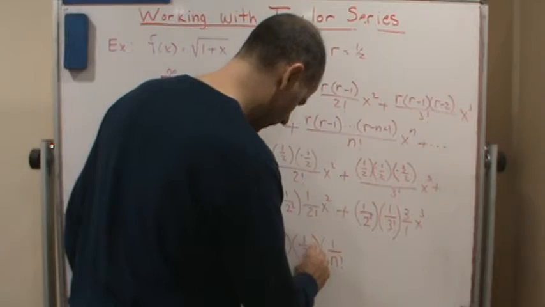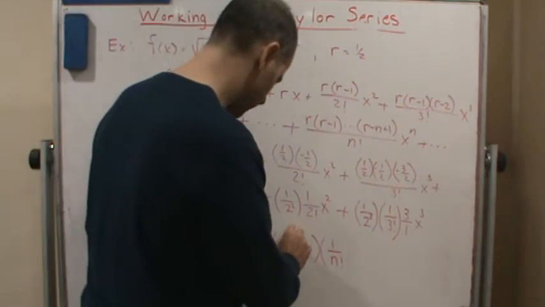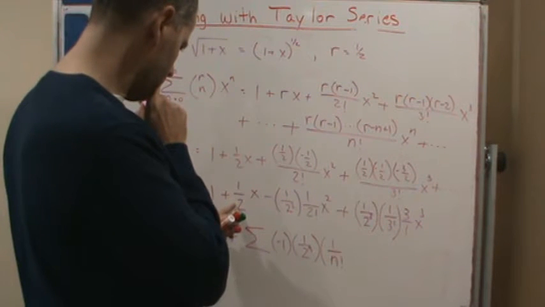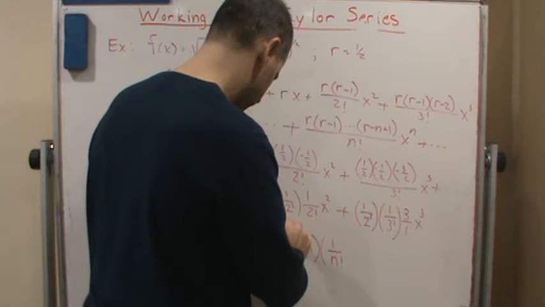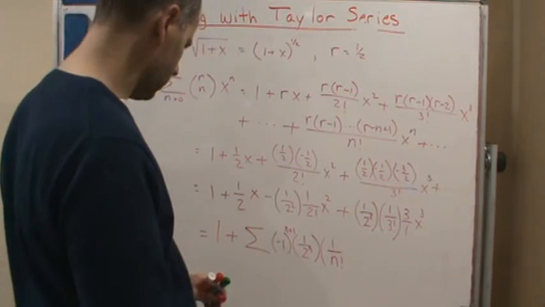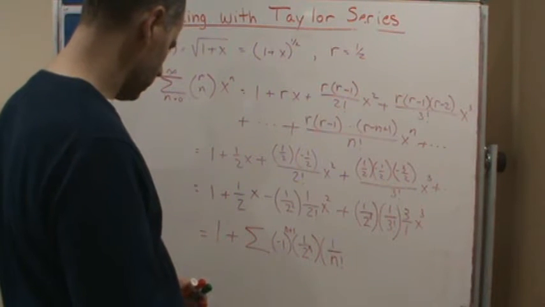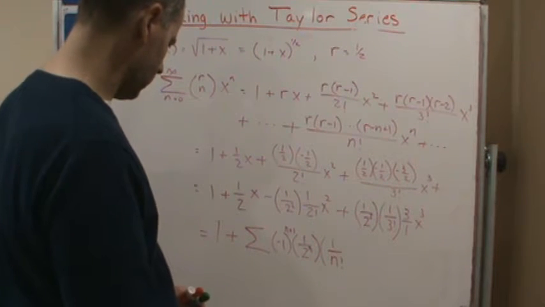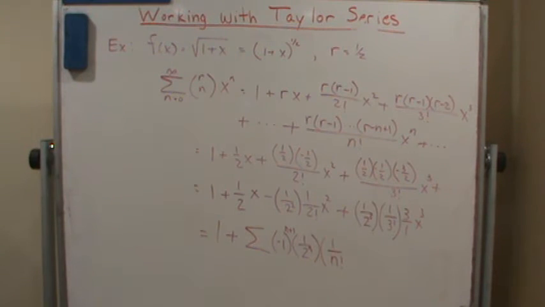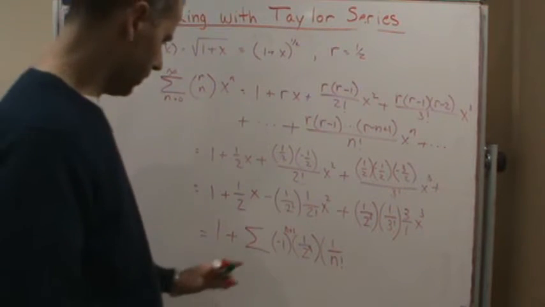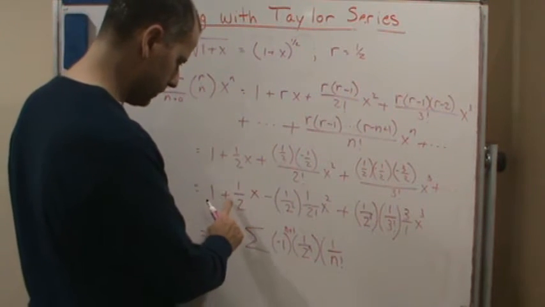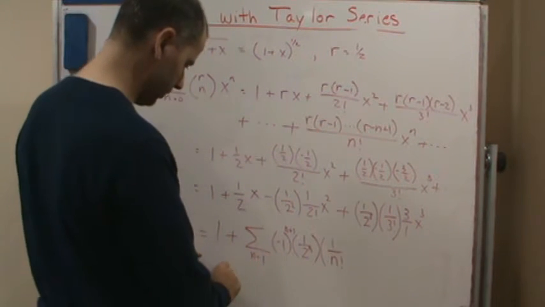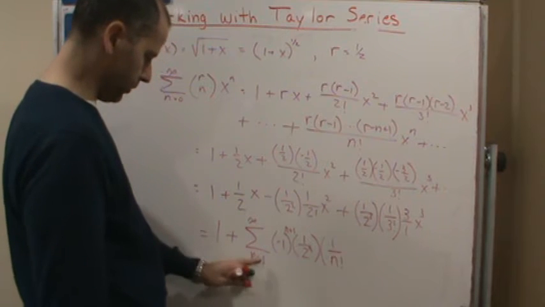Yeah, so this will be to the nth power. This will be n plus 1, and this is positive, so this will have to be n plus 2, with n equals 1 to infinity, since we're not starting at 0, we're starting at 1.